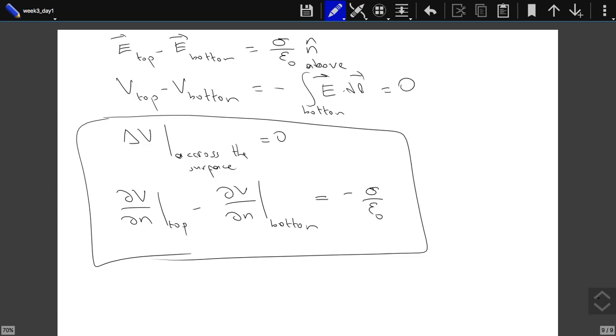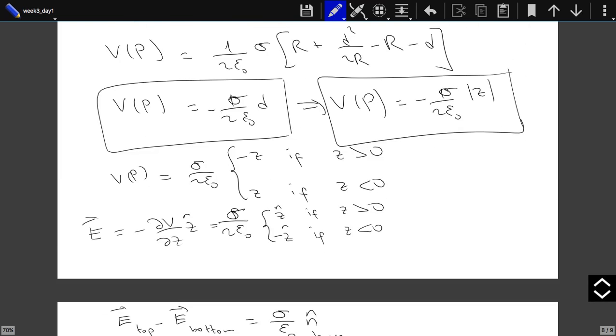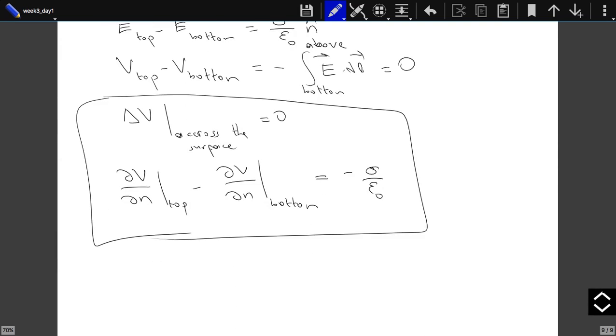The potential cannot jump from one value to another. But the derivative, that is the electric field, can jump from one value to another if there are some surface charges. That is the lesson of the story. This was just a simple application of these more general conditions. These conditions should be satisfied for any surface that you can imagine in electrostatics.